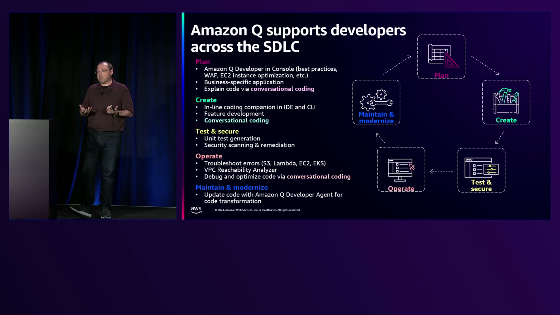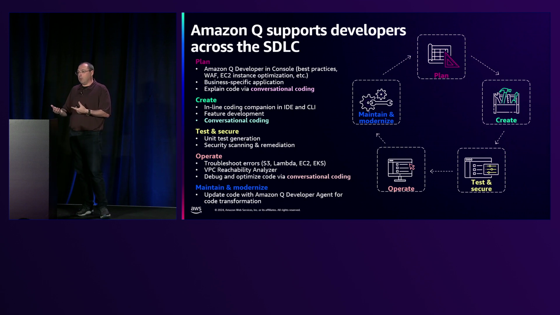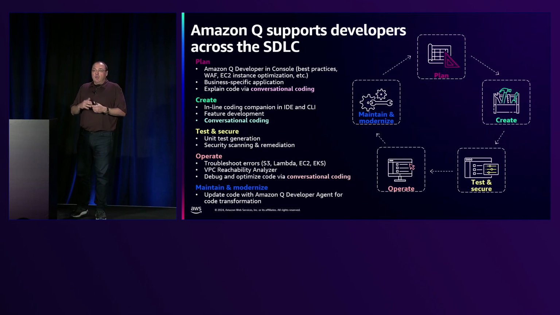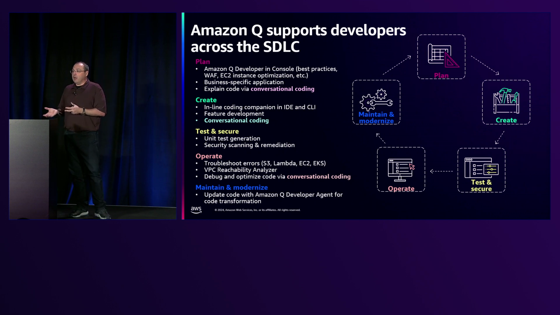Once you provide those requirements, you can have it create the entire feature, the code, the documentation, the tests, all as a single unit to really accelerate your development. So this is really helpful for brand new features or new applications to give you a jump start on that creation process.